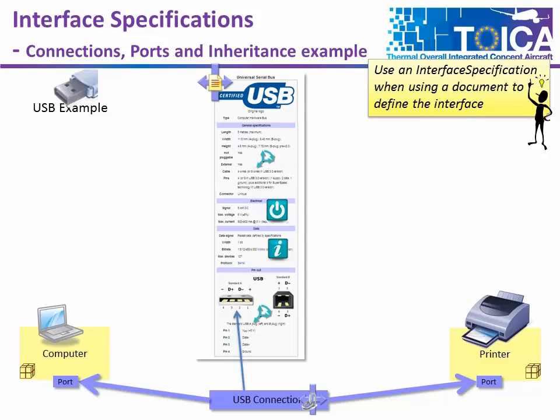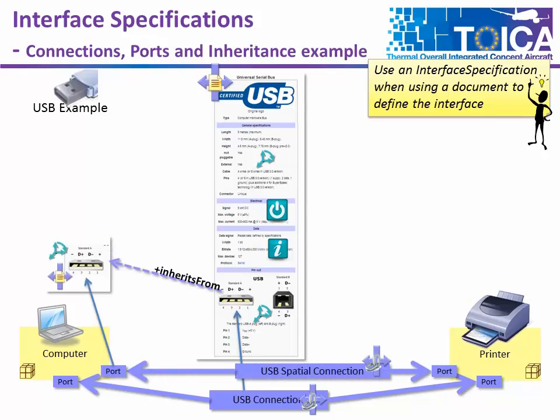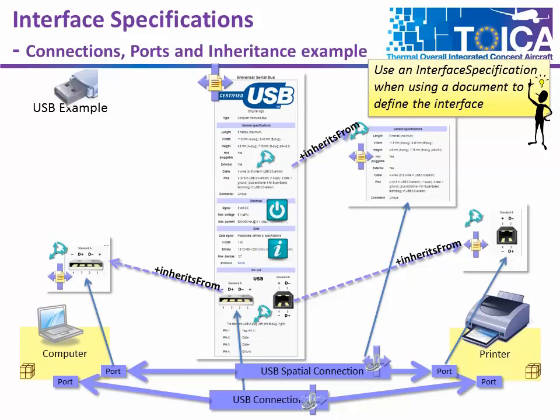This is likely to be a document or a standard, for example the USB standard, or something that needs more than can be covered with properties. So the USB has a specification. The specifications can inherit from other specifications. For example, there could be a USB specification for the spatial, for the power, and for other information specifications.